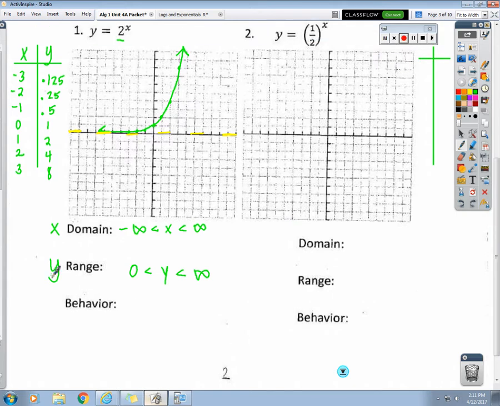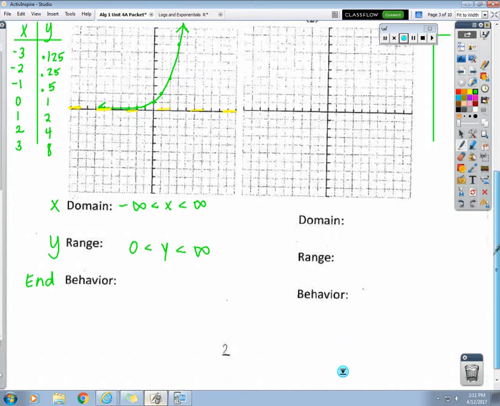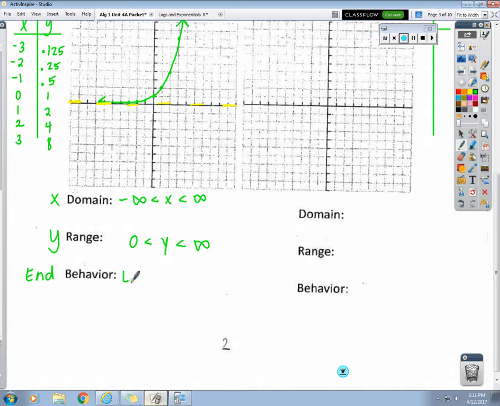Okay, now for end behavior. It'll be written out like this. It'll say left, and it'll say right, and then it'll have y approaches, y approaches. If you go to the left side of that curve, which is this way, what are all the y values approaching?